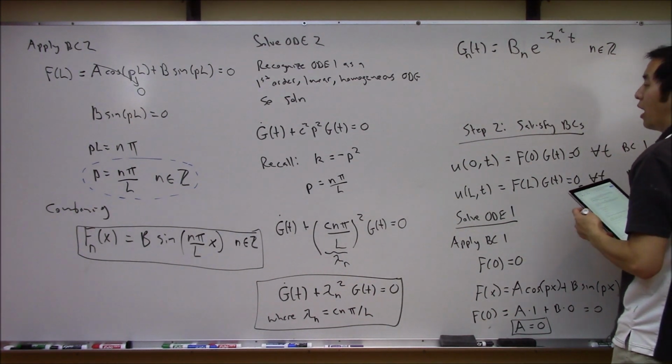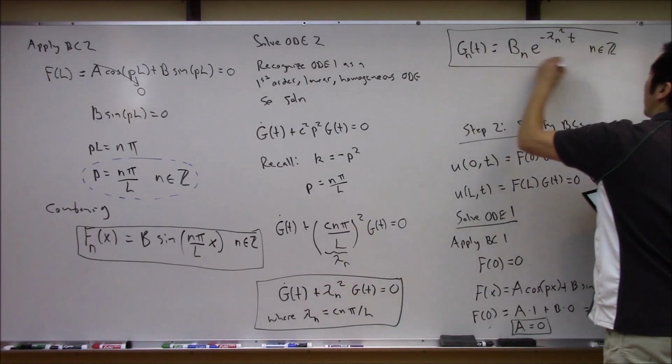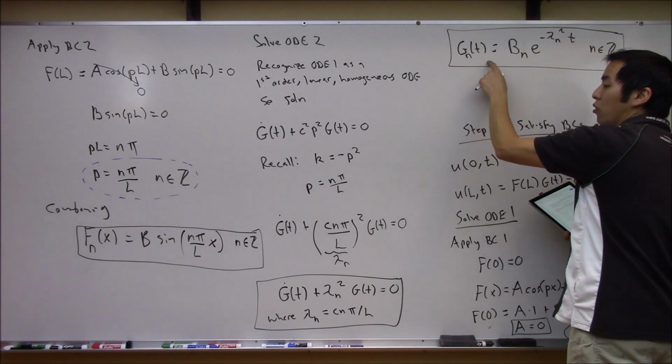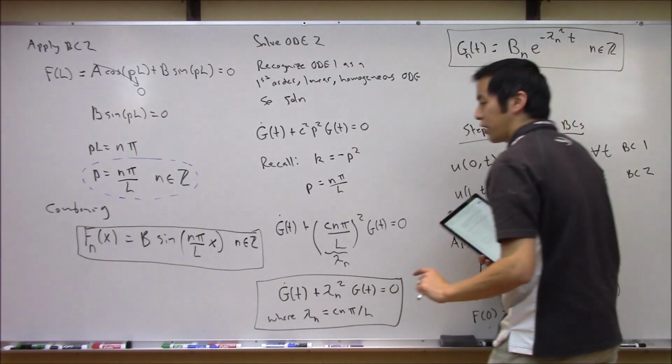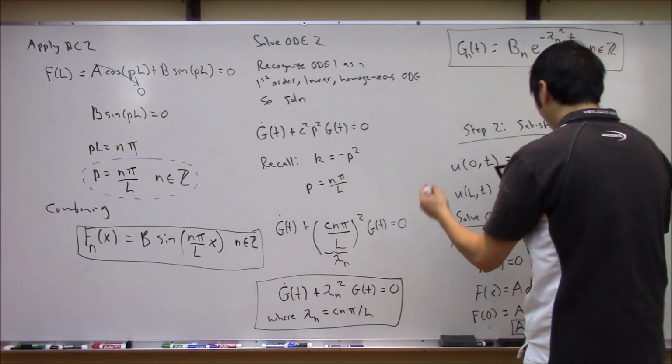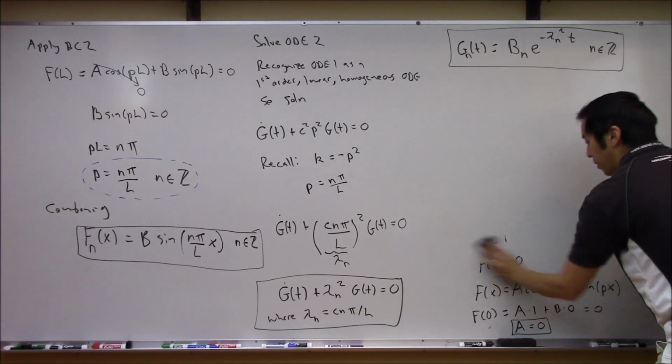Great. Let's box this up, because now we've solved the temporal portion of the separation of variables, and we've solved the spatial portion. So let's put those two things together to get the eigenfunctions of the problem.